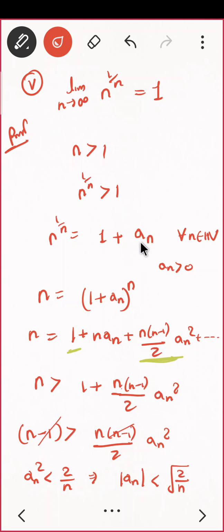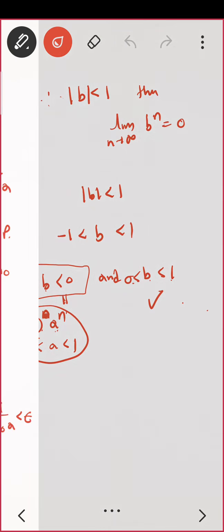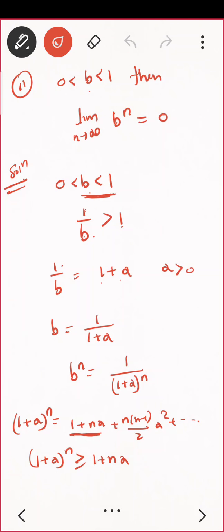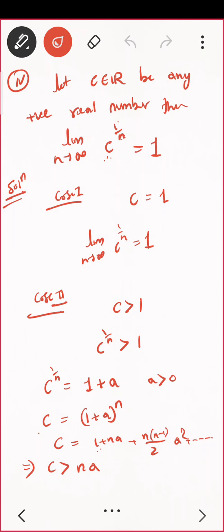This constant depends on n. Okay? And there are some more. All the time you need to use these five standard sequences to say something about the convergence of any sequence. If you get any sequence, because we don't have any other rule, you just need to relate with these. First one, second one, third one, fourth, and the fifth one.